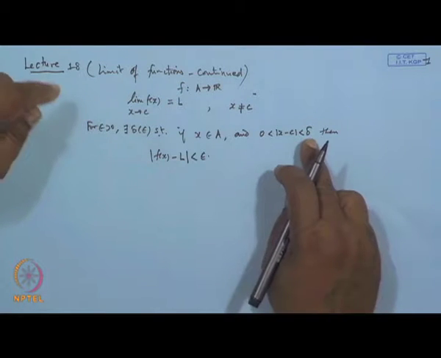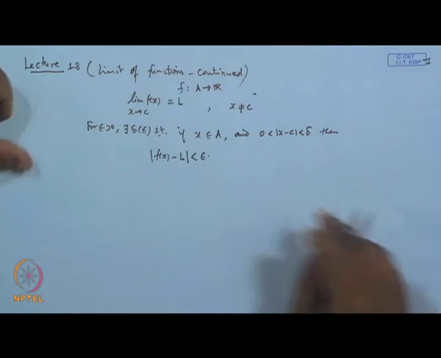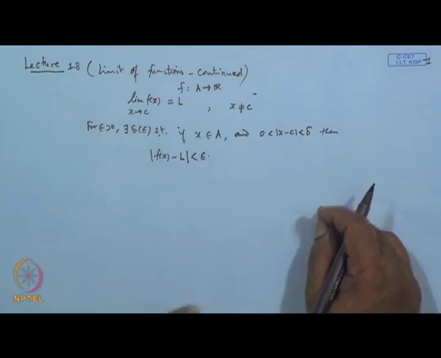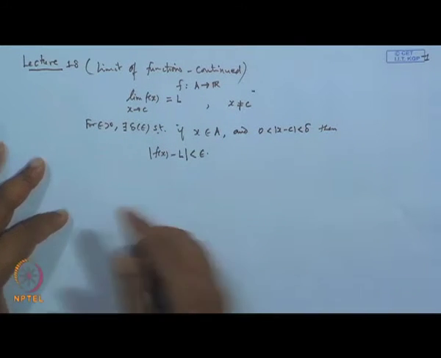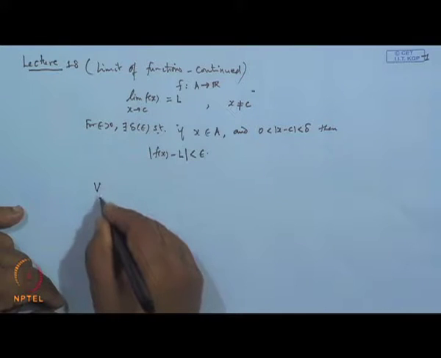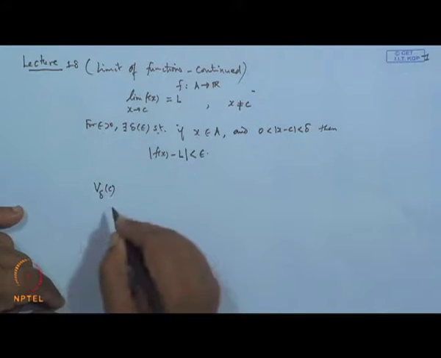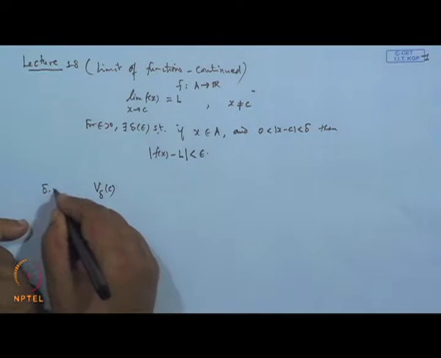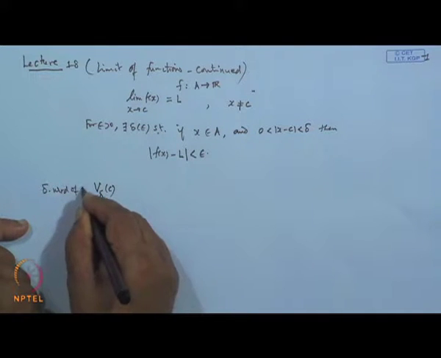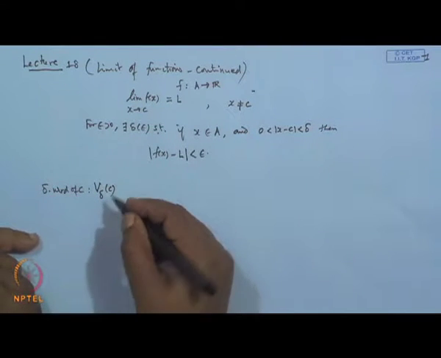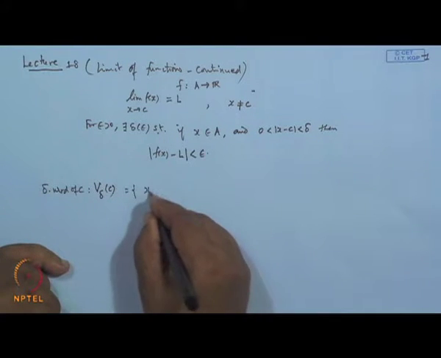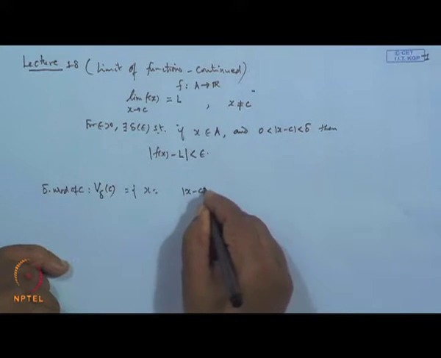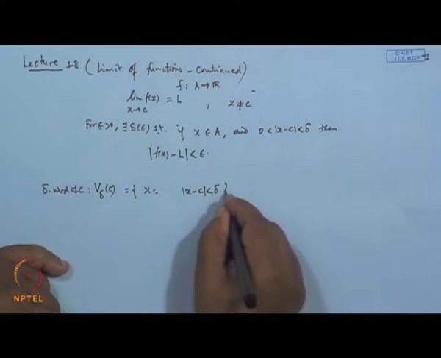Now, if we look at this definition, it can be easily converted into the form of neighborhoods. What is this? The delta neighborhood of c is nothing but the set of those points x such that |x - c| is less than delta.